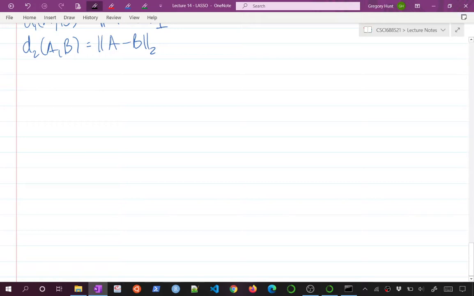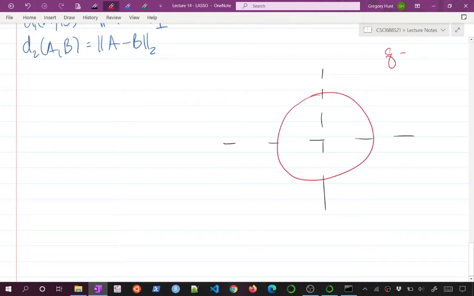So, if I look at, let's just draw our axes. If I look at the case where q is equal to 2, I get that shape. If I look at the case where q is equal to 1, I'm going to get this shape. I could look at other cases, though. What if I look at the case where q is equal to 3?